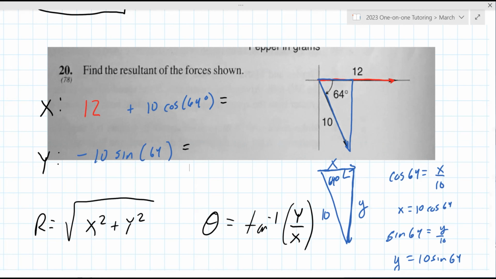All right, I forgot the 12. 12 plus 10 cosine 64. Give that another try here. Make sure you're in degrees. 12 plus, oh, you know what? There's my mistake. It's going to be 16.38 for x. And for the tangent, I got -75. Yes, 16.38. What about for y?